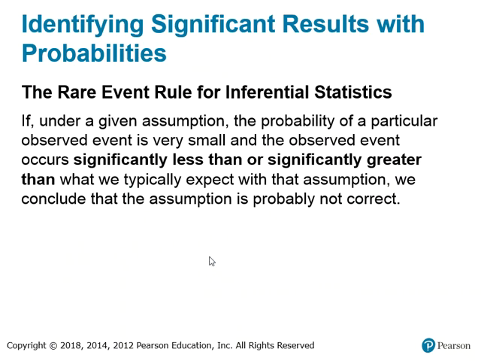When we start talking about probabilities, how they're going to help us later on is we're going to find out the probability of something occurring, and we're going to compare it with what we call an alpha level. And we're going to try and find out if it is significantly higher or significantly lower, less or greater, depending on which terms you want to use.